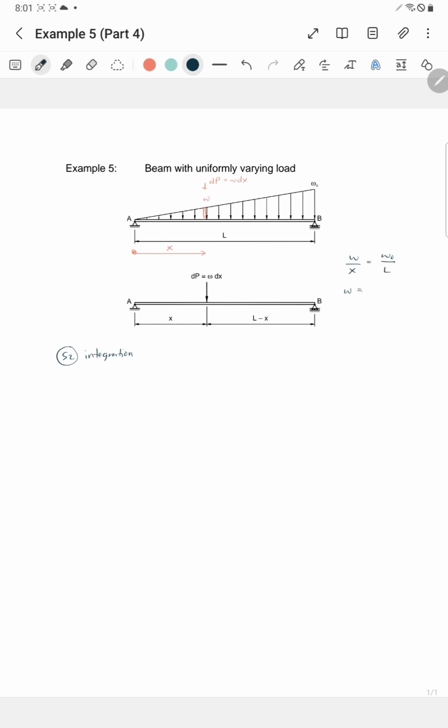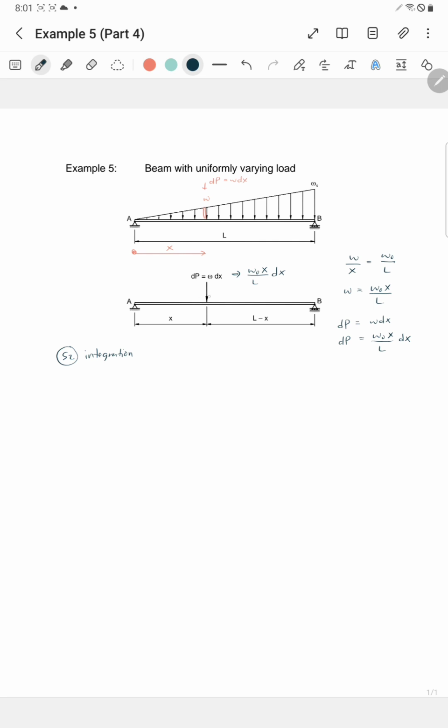So that the variable load W equals WO X over L. So the differential load is W dx, then substituting W, so WO X over L, and then dx. So yan na ngayon yung ating differential load, no? So yung ating differential load dP now becomes WOX over L dx.